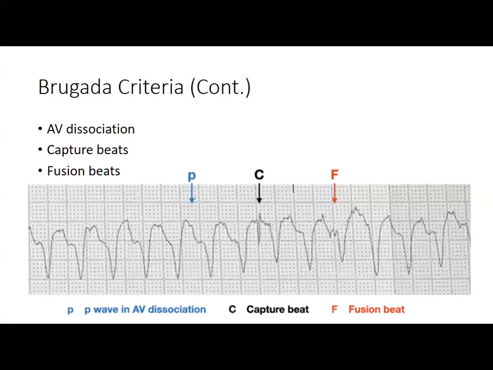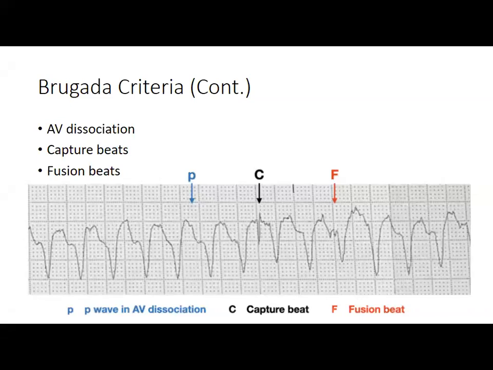Everything else is probably not coming from the sinus node or even the atria at all. So all this other stuff is ventricular activity of ventricular origin, while this one beat was one lone normal sinus beat that's made its way through. That's a useful way to tell that all these other beats are VT.